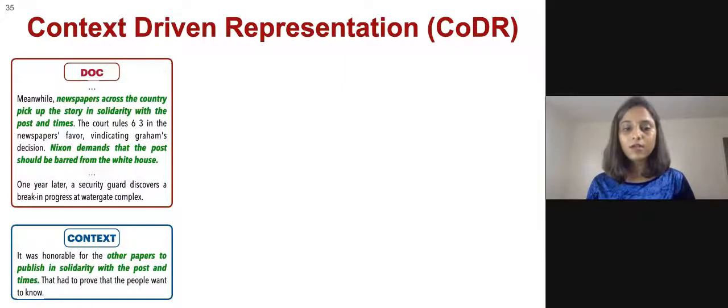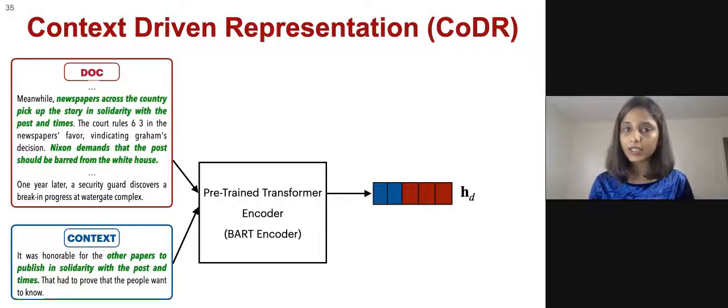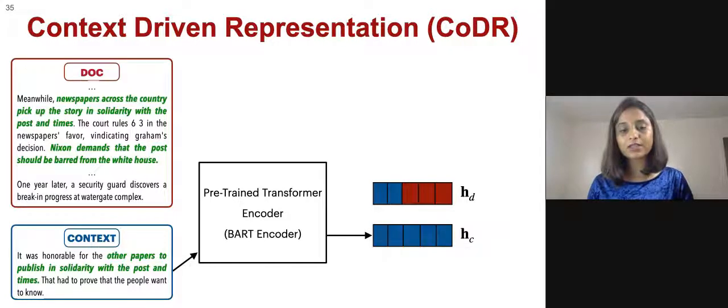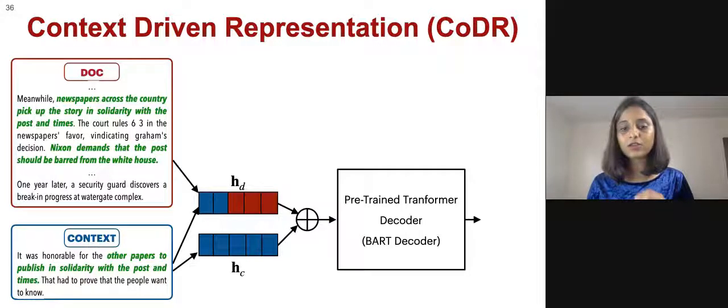Now for the CoDR model, we concatenate the tokens of the document with the tokens of the context and pass it through the BART encoder to get the representation HD. We then separately pass the tokens of the context through the encoder to get a representation HC. Once we have these two representations, we concatenate them and pass them through the transformer decoder to get this particular response.